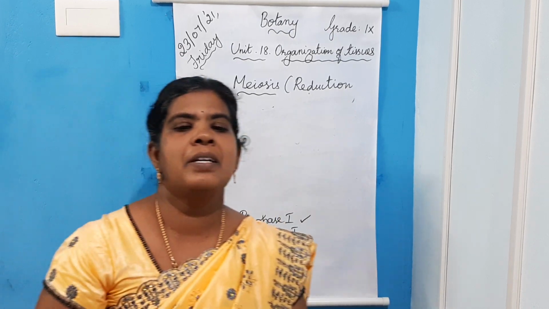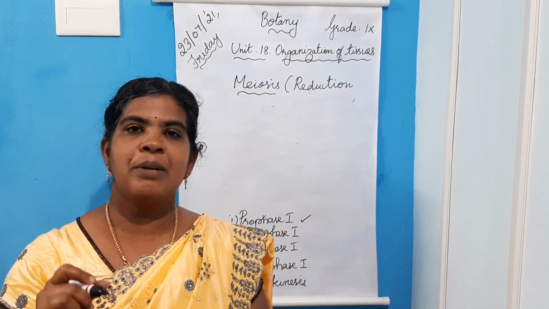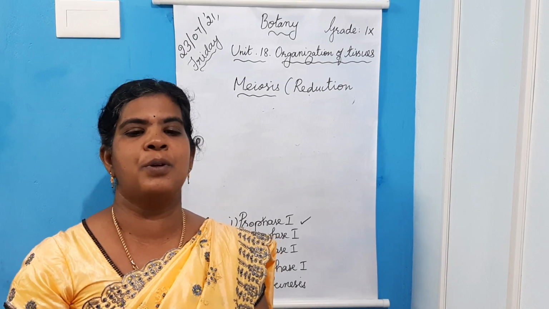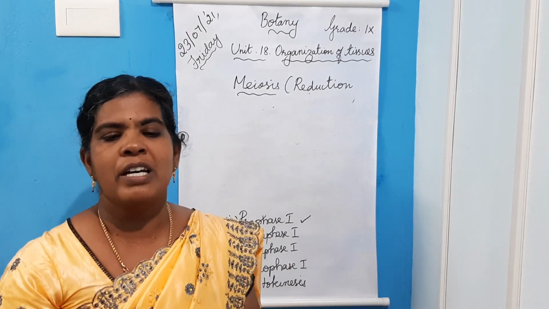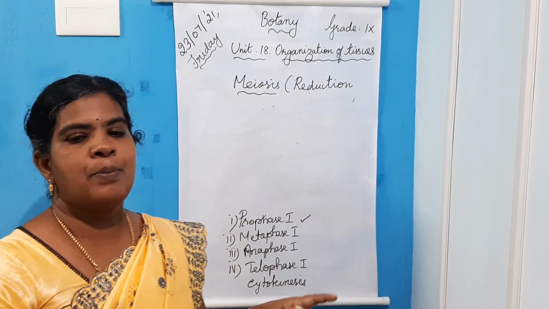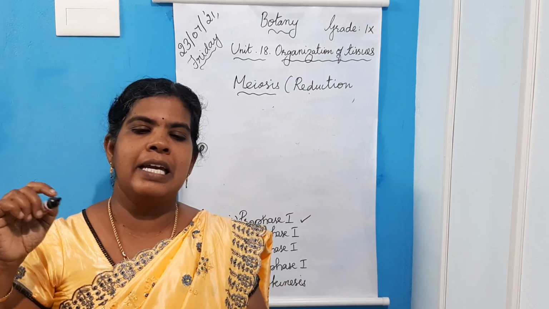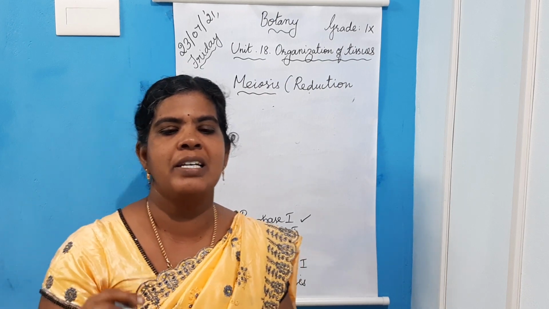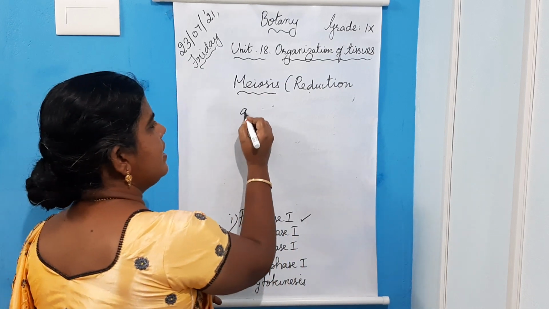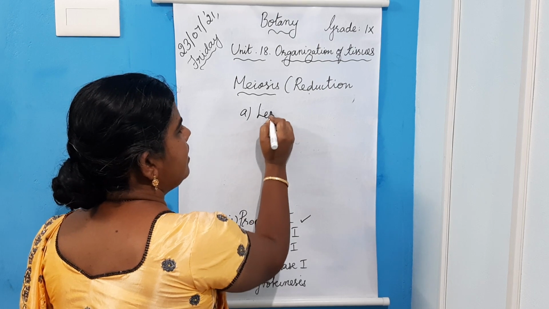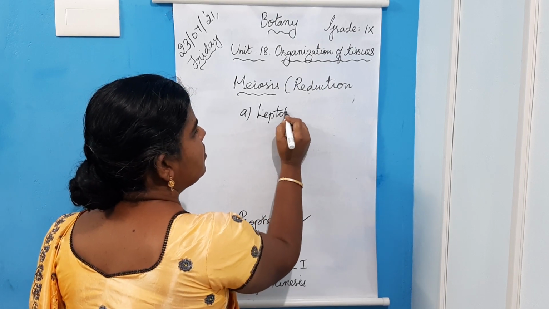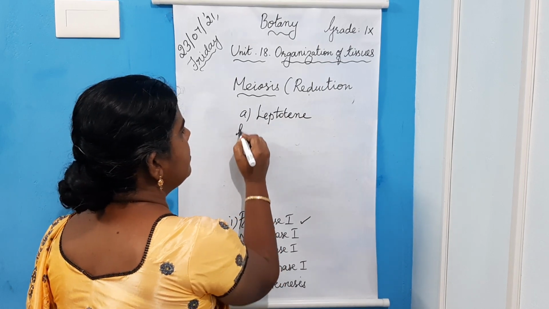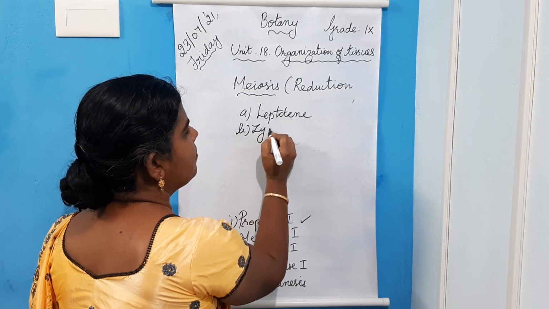In this heterotypic division, the first phase is prophase 1. It's a longer phase. It takes a longer duration, and it is subdivided into 5 stages. First stage is leptotene. Second stage is zygotene.